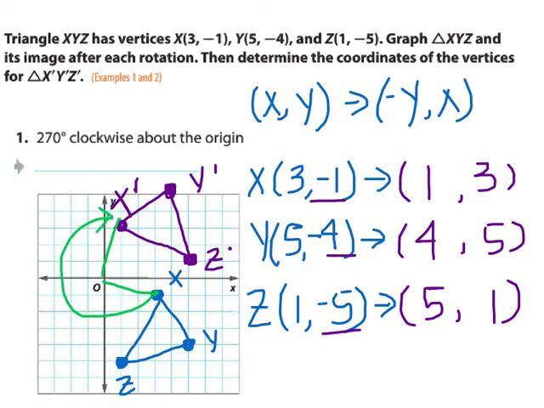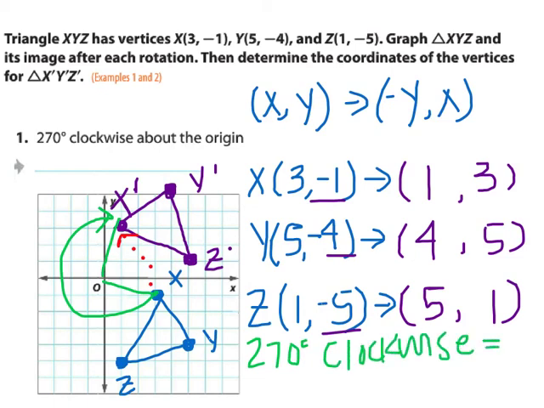That's a 270-degree clockwise rotation, or a 90-degree counterclockwise. That would be this way, counterclockwise, which would be 90 degrees. So 270 clockwise, I'll write that in green. A 270-degree clockwise rotation is the same as a 90-degree counterclockwise.